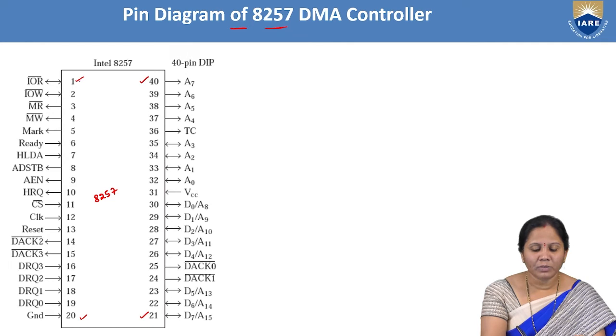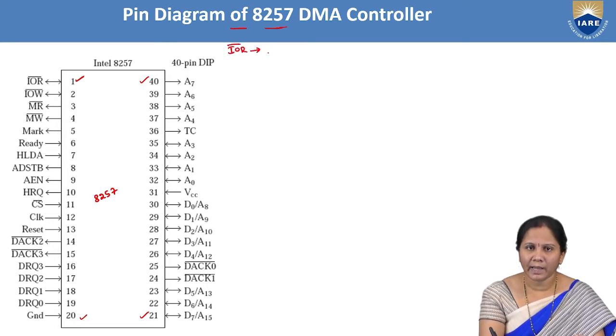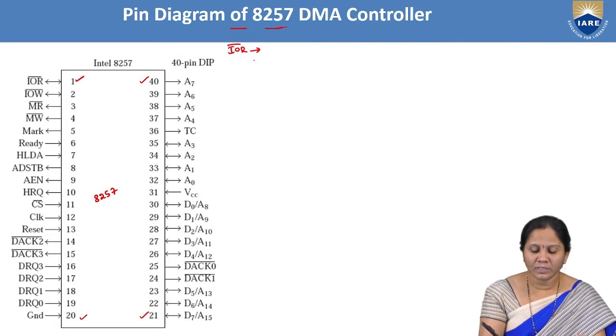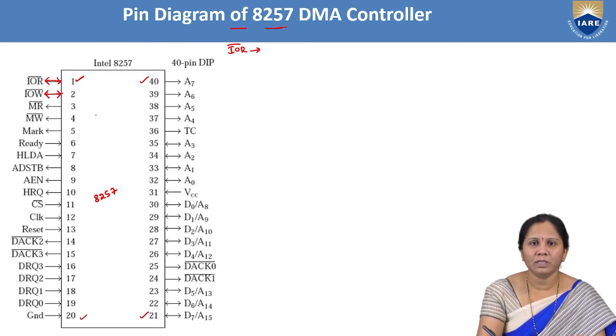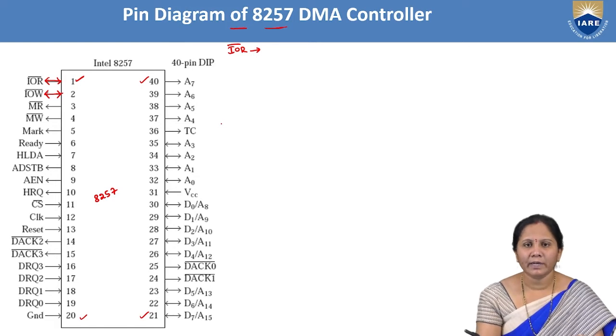Now coming to the first pin, this is IOR bar. IOR bar is an active low signal. If we see the pin diagram here, all the signal directions are given. Based on the signal direction, we can identify whether that particular signal is an input signal, an output signal, or a bidirectional signal.